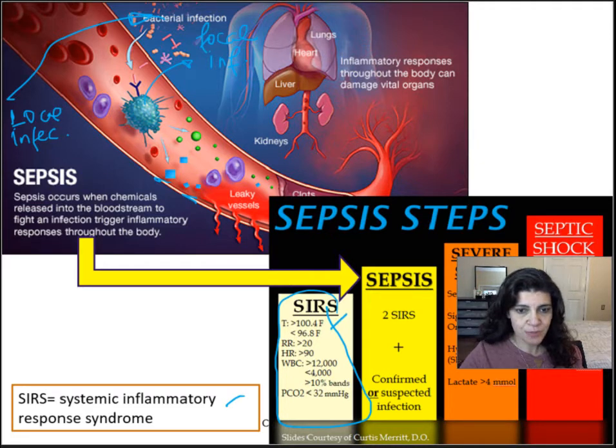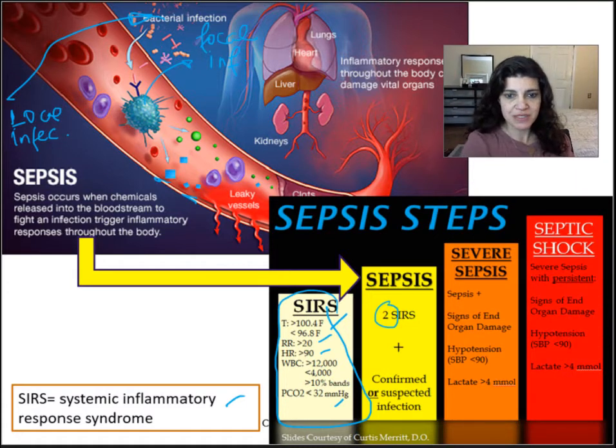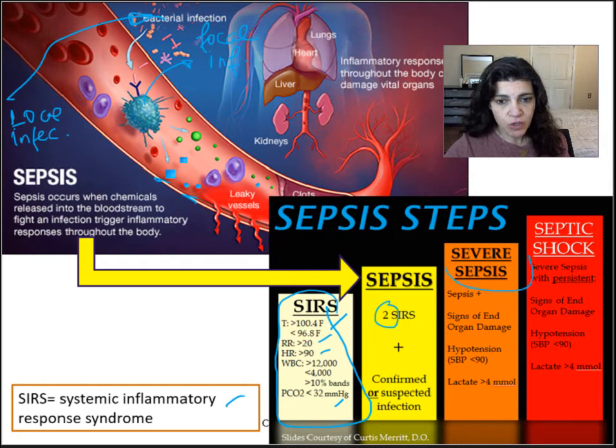Temperature, high heart rate or respiratory rate, different abnormalities in white blood cell numbers, and pressure of CO2. Okay, so 2 of this list plus confirmed or suspected infection is what you call sepsis. And then for that to become severe, what do you need?